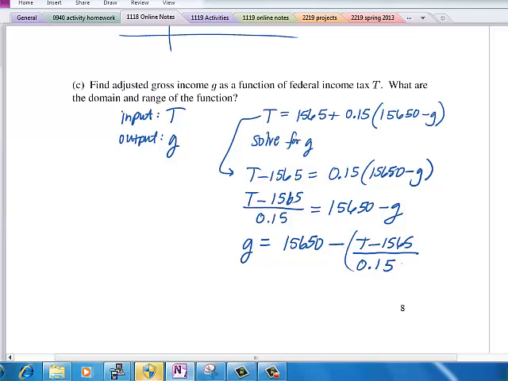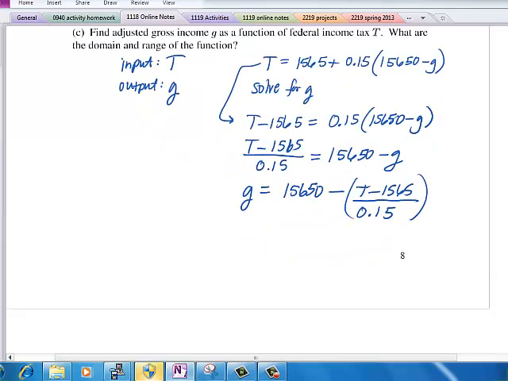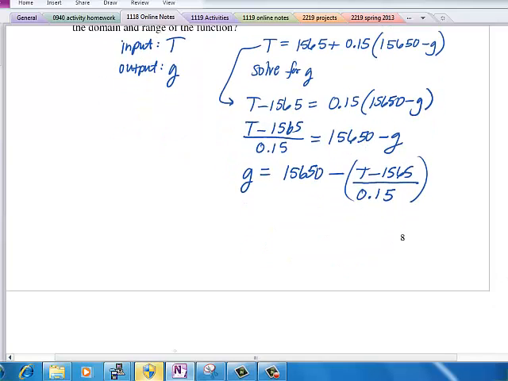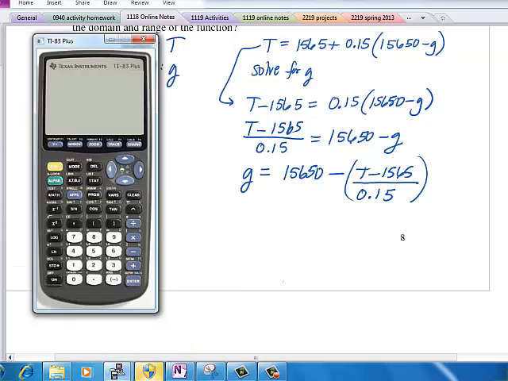I could write it that way, or I could figure out what 1565 divided by 0.15 is. It's a little bit ugly. I'll just leave it in this form.